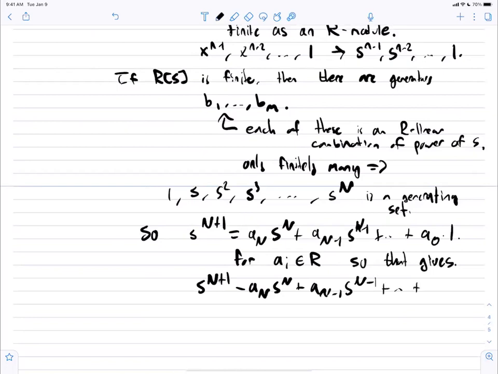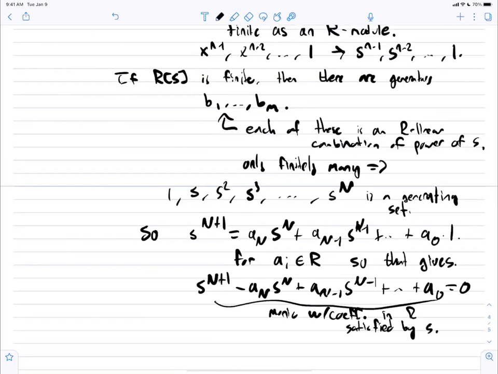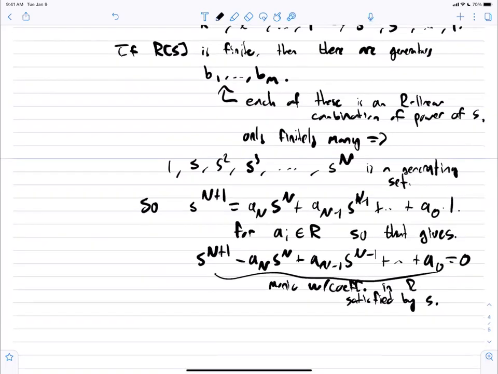Subtract. Okay, so s is integral. Good, so that finishes the proof of the lemma.